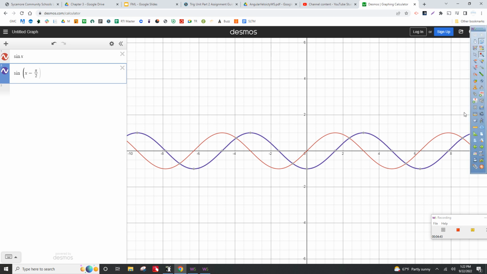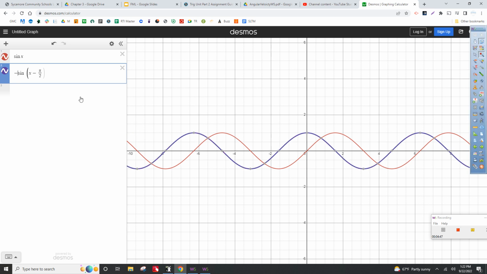Oh man, that looks even more familiar, and watch this. It's the same thing. The minus sine of x minus pi over 2 is the same thing as the cosine of x. Or watch this. There's just so many ways we can do this.